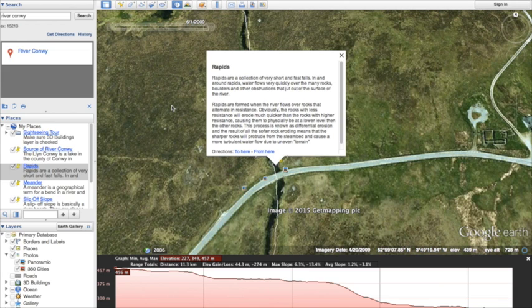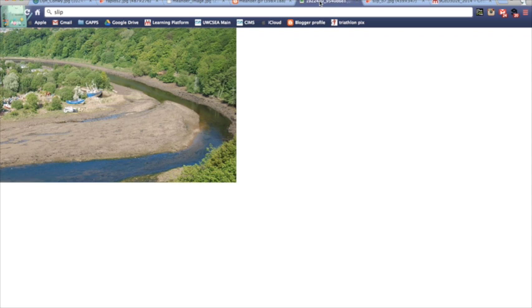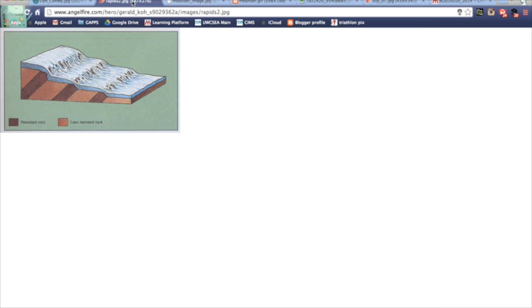This process is known as differential erosion, and the result of all the softer rock eroding means that the sharper rocks will protrude from the stream bed and cause a more turbulent water flow because you could say the terrain would be uneven.